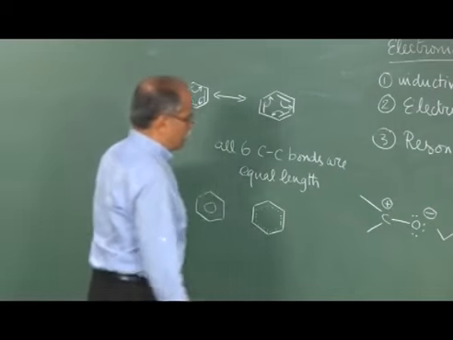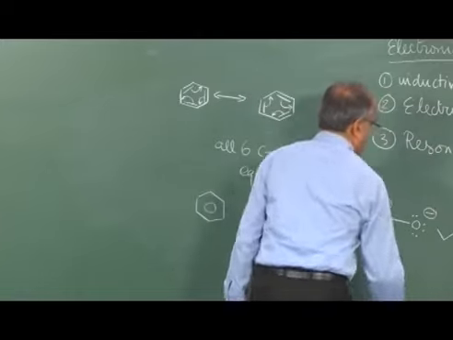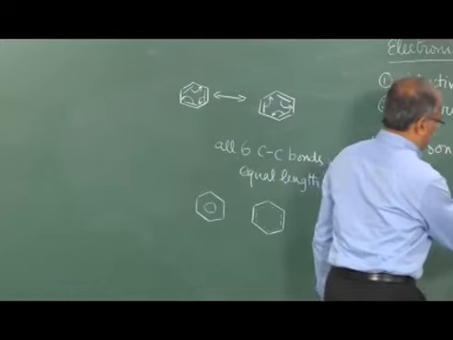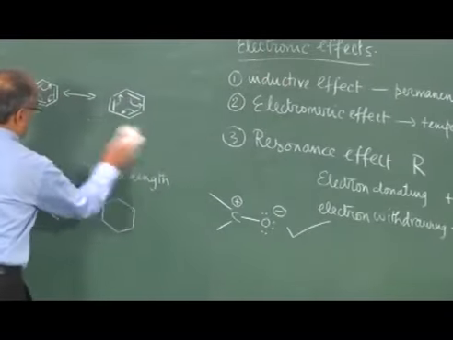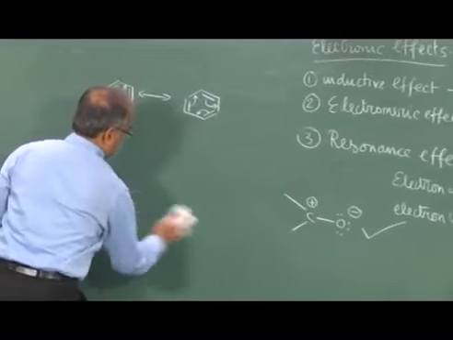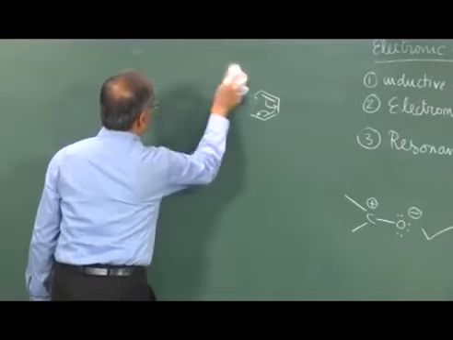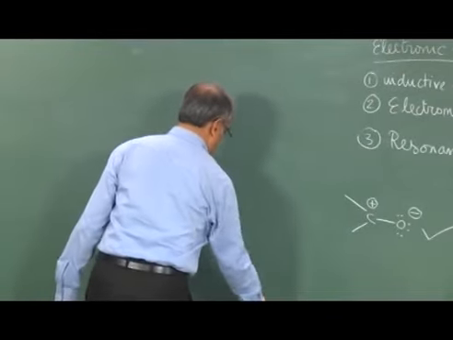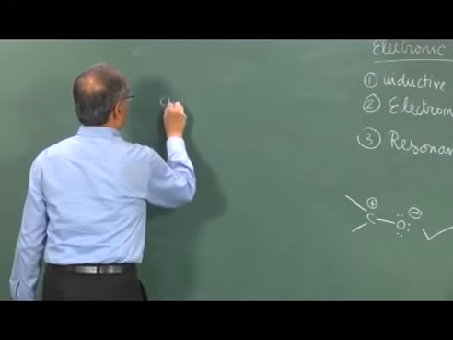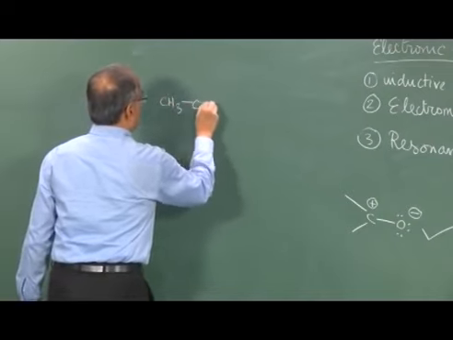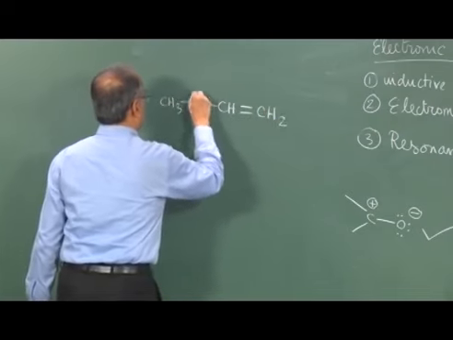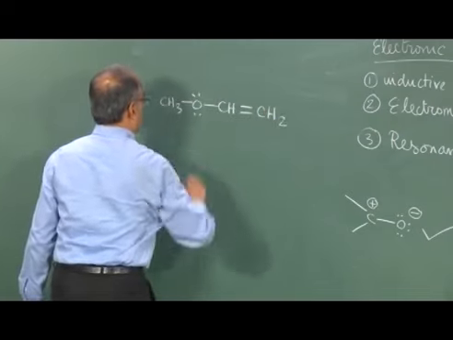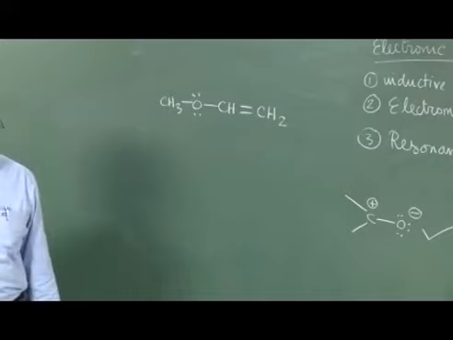Now, what is a plus R effect and a minus R effect? As mentioned, the functional groups in a molecule can be classified either as the plus R or minus R type. Let us consider this particular molecule. This is methyl vinyl ether.